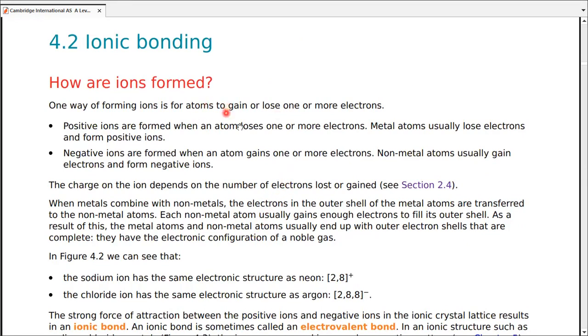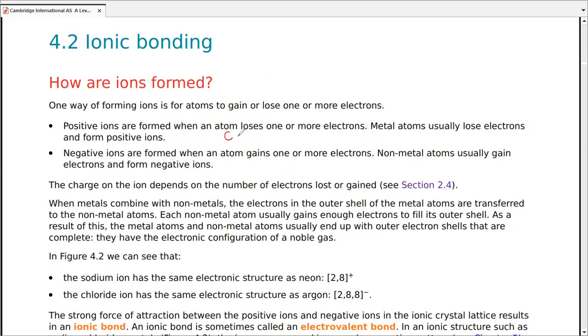Our ion forms, we know that metals tend to lose electrons. They form positive ions. When an atom loses one or more electrons, you know from the previous chapters that they sometimes also lose their outermost shells. When they do, their size gets smaller. So most of the time, we tend to state that they have smaller sizes than their parent atoms.